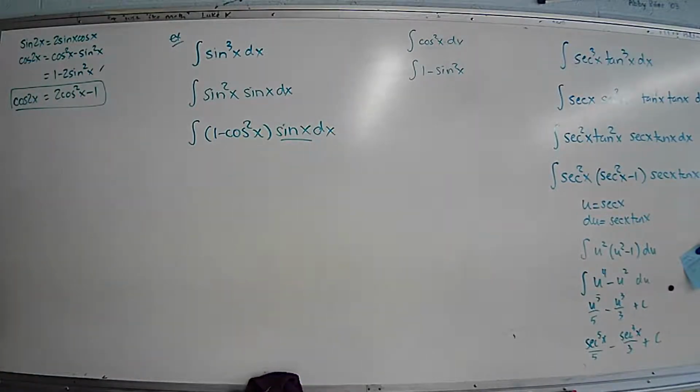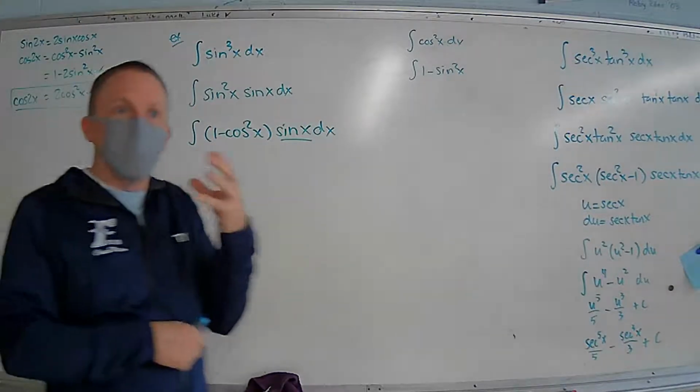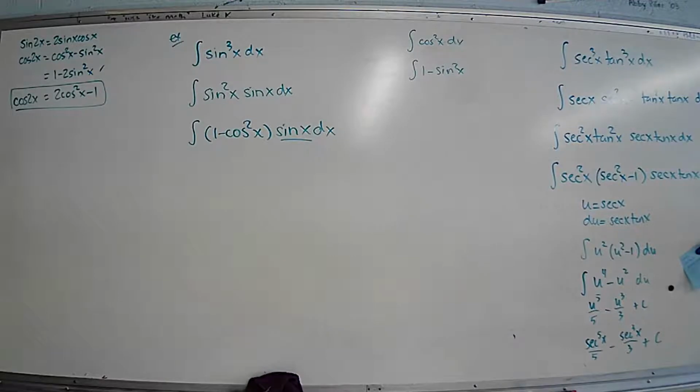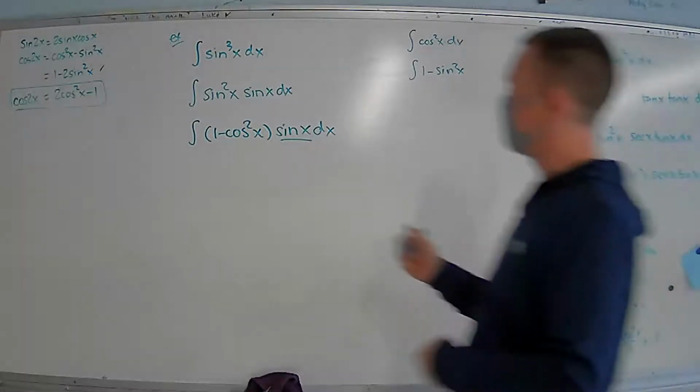So when you're doing these with substitution, that's sort of the goal, to get something that is going to serve as your du. Does that sine work as a du? Yeah, because what's u? Cosine.